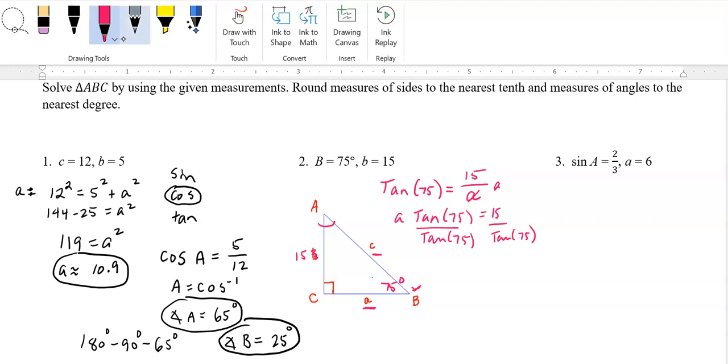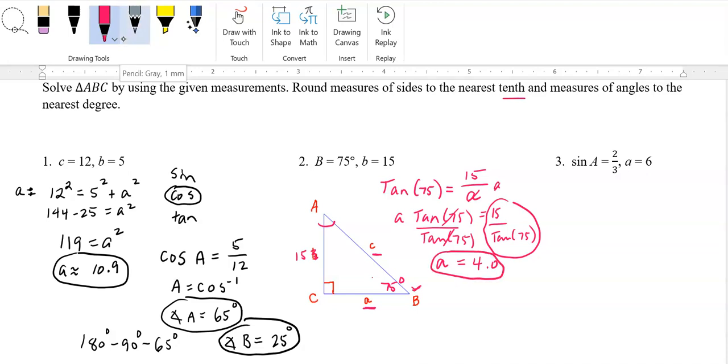So to get my answer for side A, I'm going to do this in my calculator. So just go to your calculator and do 15 divided by tan 75, and that's the decimal 4.01923. We're rounding measurements of sides to the nearest tenth, so technically that would be 4.0.